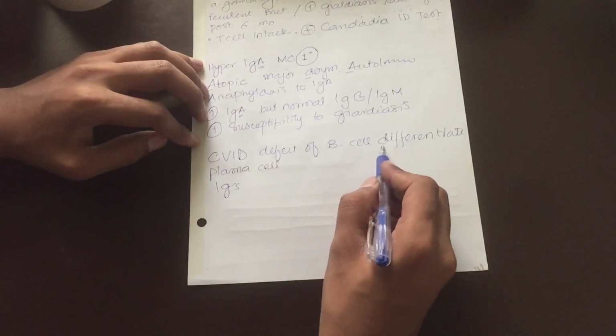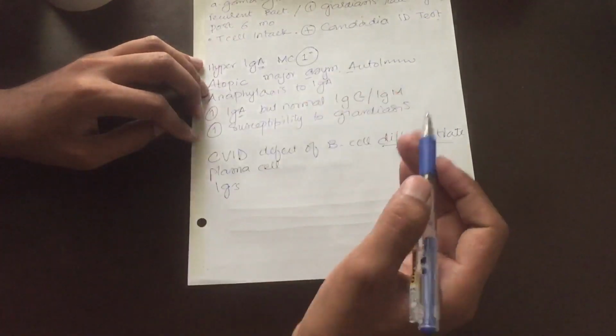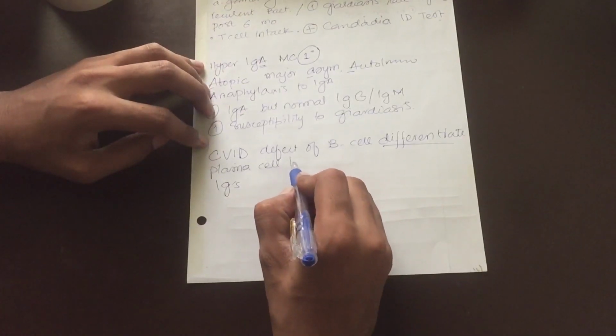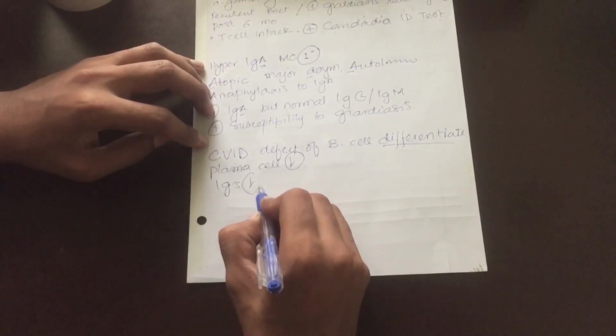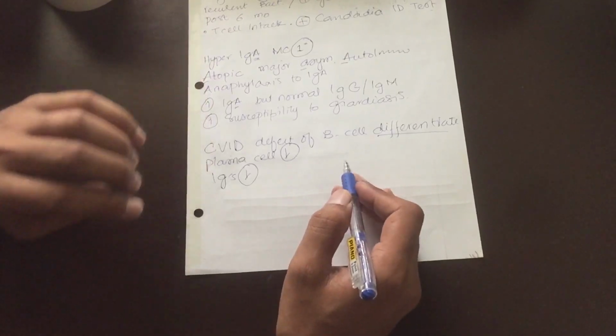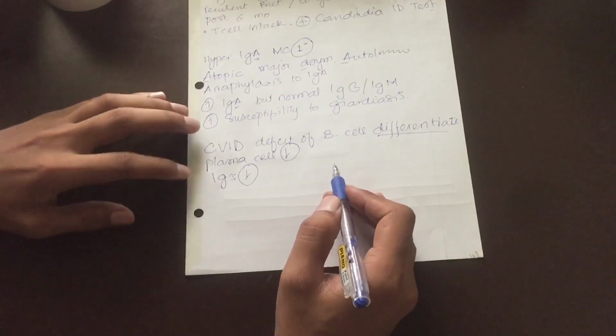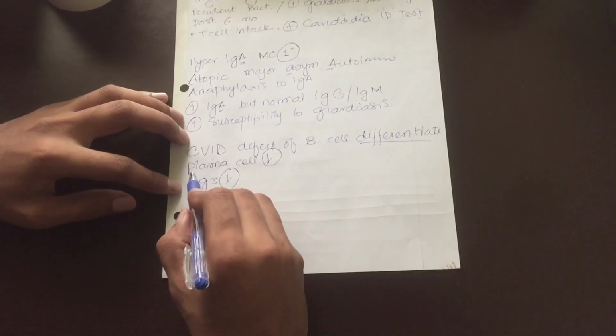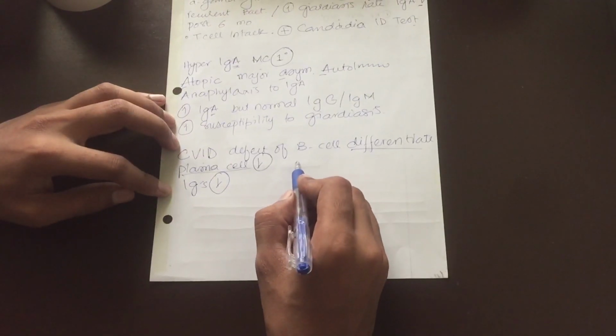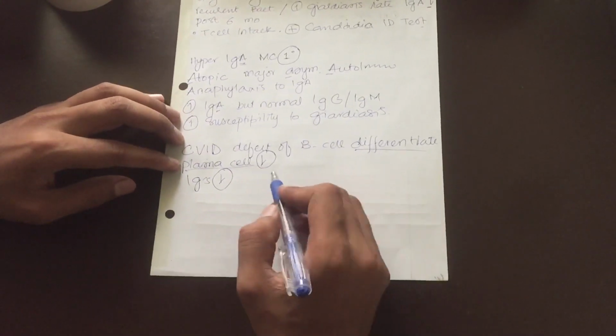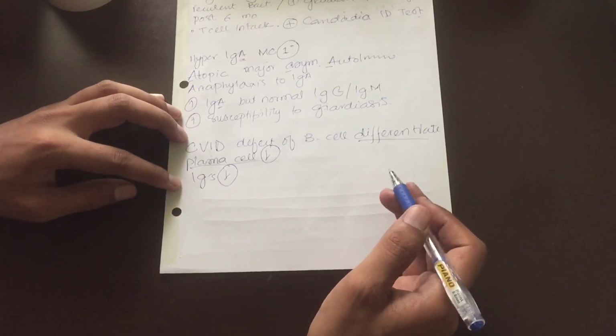So when B cells cannot differentiate into the successive generation, there is a decrease in plasma cells and decreased immunoglobulins such as IgE, IgA, IgG. So decreased plasma cells, no immunity, and decreased immunoglobulin cannot cope with infection.